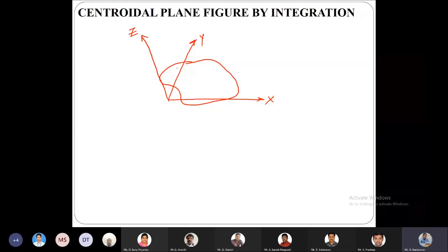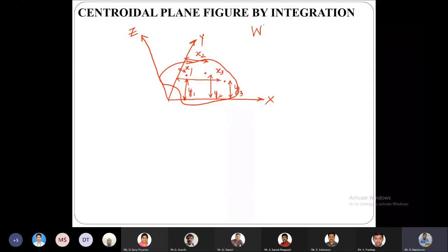So let this be a point 1, and it is at a distance of x1 and y1 from the x and y axes, and let this be a point 2, and this particular point 2 is at a distance of x2 and y2 from the OY and OX axes, and then I have a point 3. This particular point is at a distance of x3 from the OY axis and y3 from the OX axis. Okay, so let W be the entire force, that is the gravitational force which is acting on this.